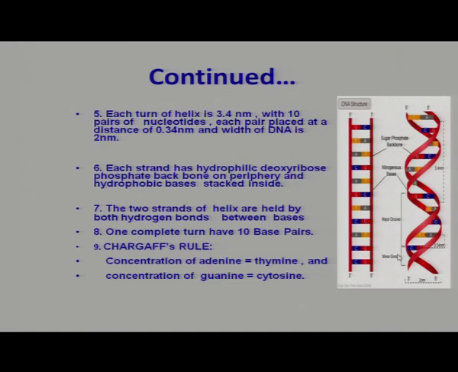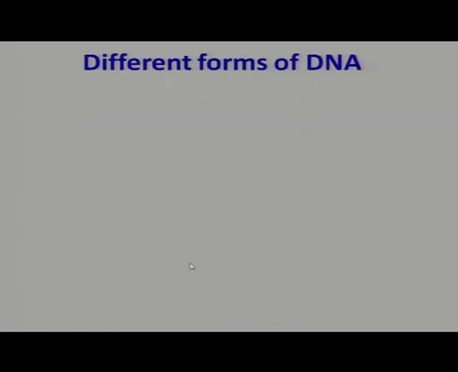In a particular DNA the concentration of adenine will always be equal to the concentration of thymine, and the concentration of guanine will always be equal to cytosine. If suppose in a particular DNA fragment there are 10,000 adenine, it means there will be 10,000 thymine also. That is called Chargaff's rule.